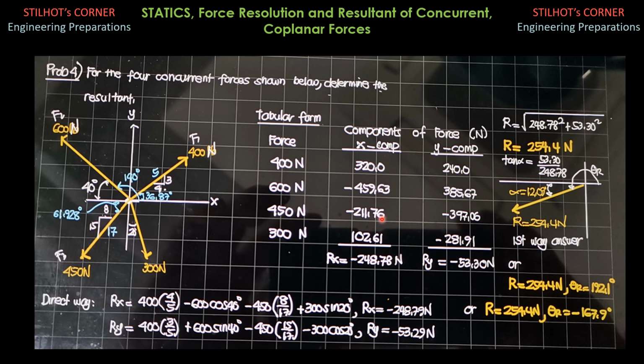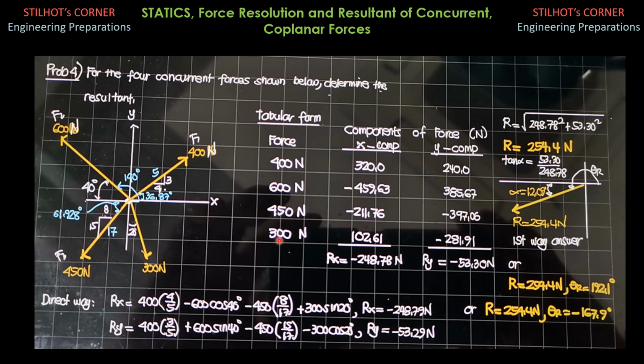So the x component is 450 cosine of 241.928 degrees. You will get that same value. The y component is 450 sine of 241.928. You will get the same value.